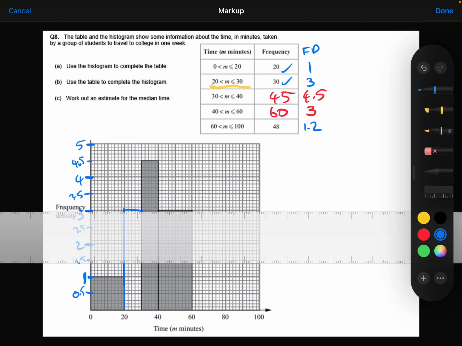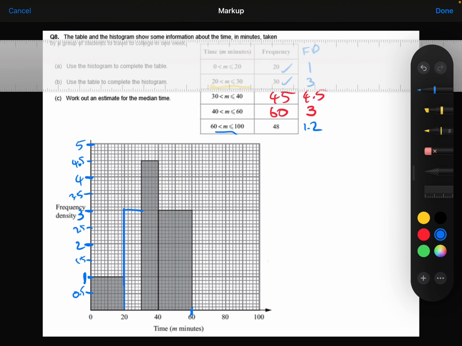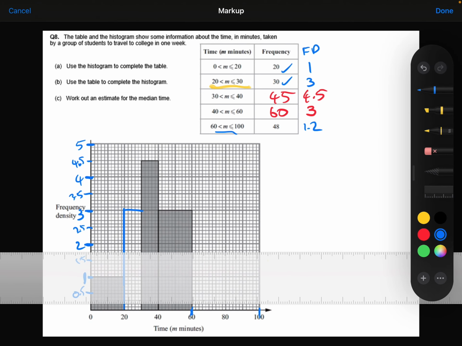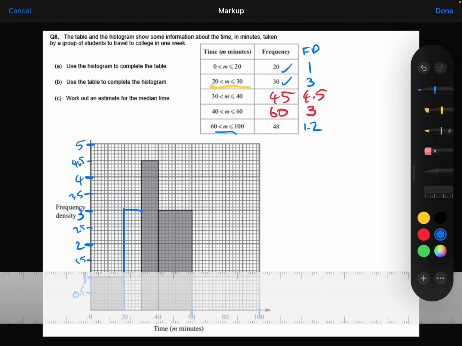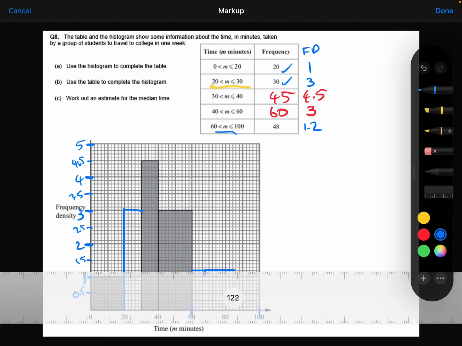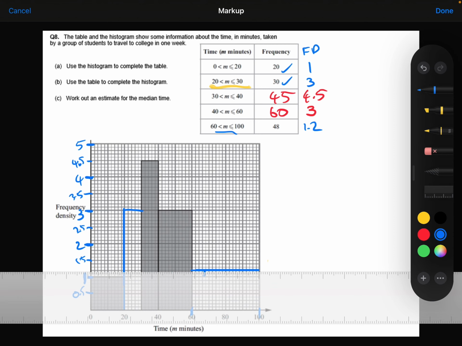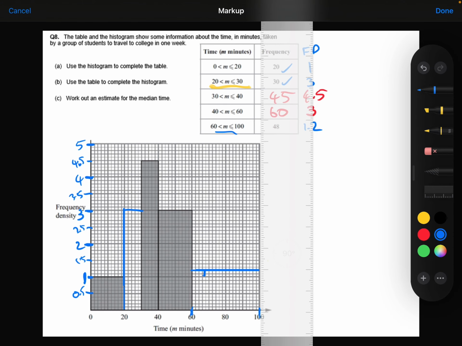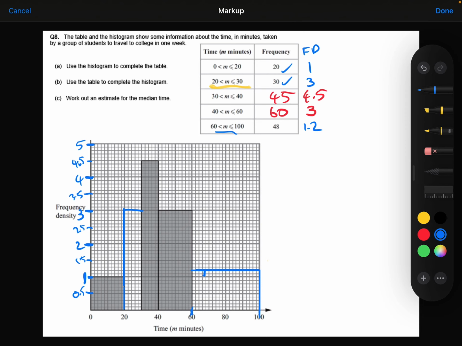And then the last bar between 60 and 100, I need to draw that on. 60 and 100, the frequency density of 1.2 is there. And we have now used the histogram to finish the table, we've used the table to finish the histogram.